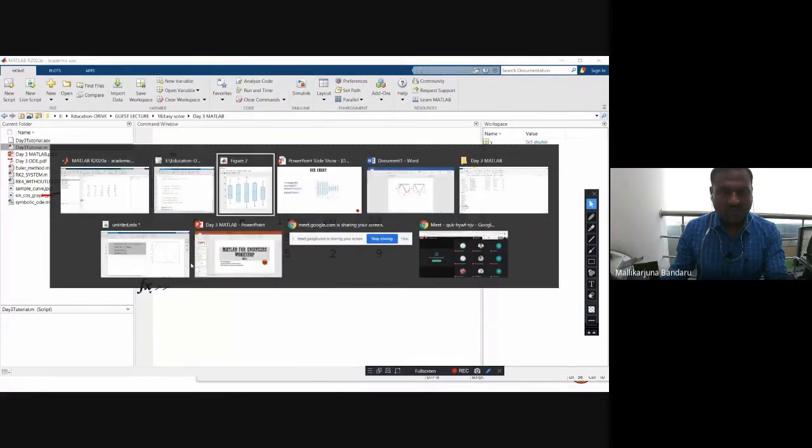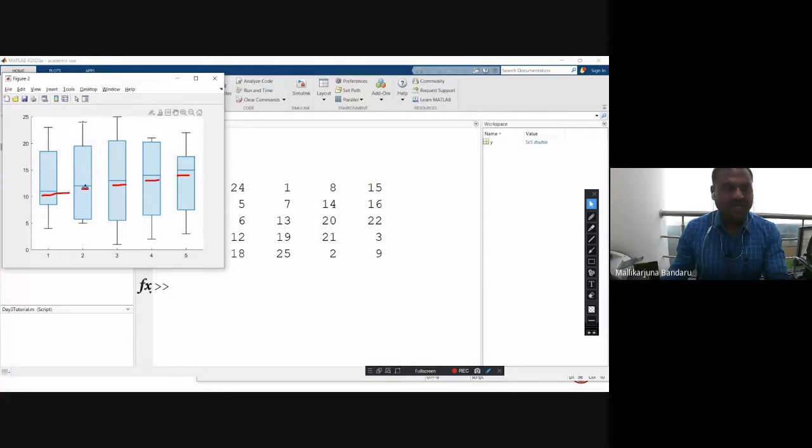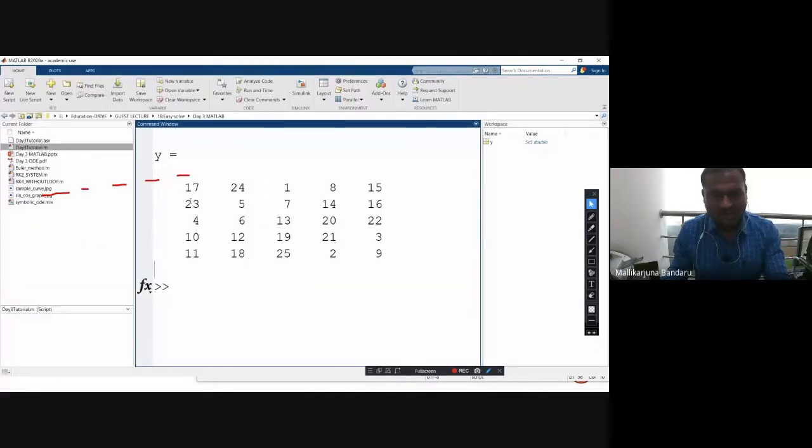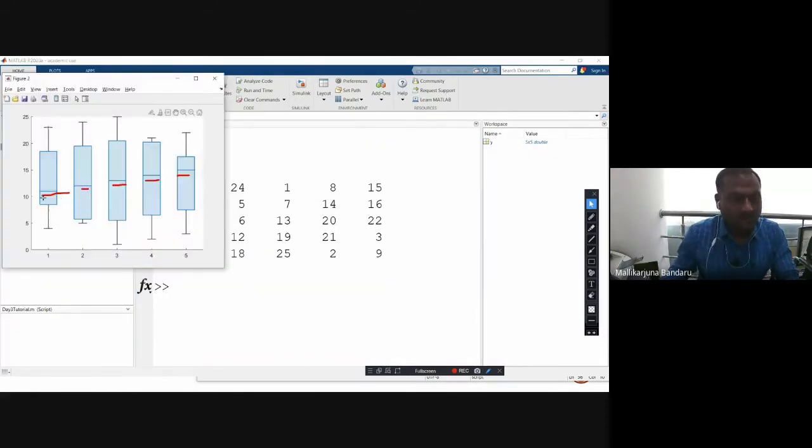At that median value, this horizontal line appears. The same way for the second one, because the data is different along the column. That's why it shows the horizontal line at different positions. Okay, so that is the meaning of a box chart.